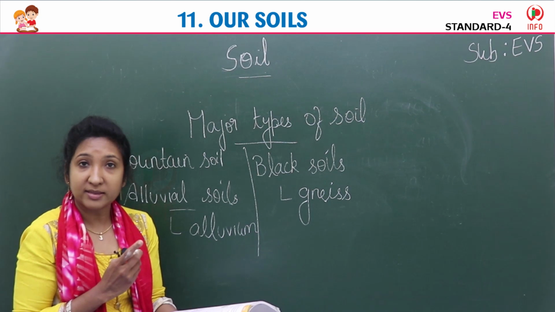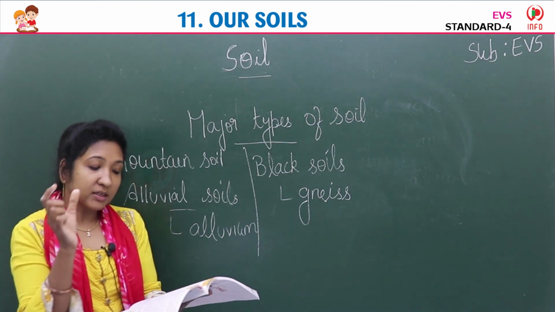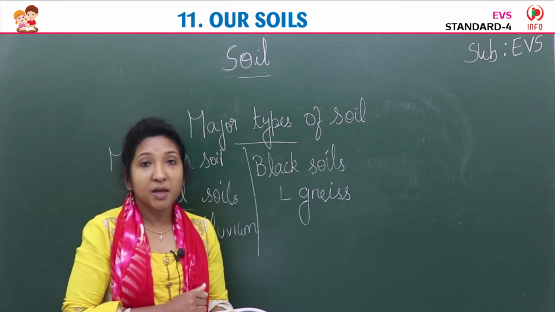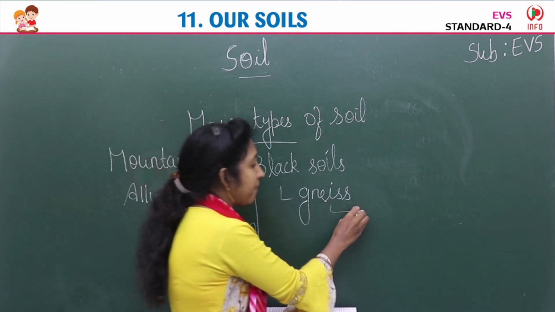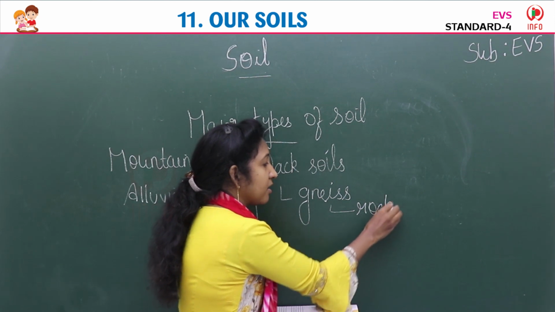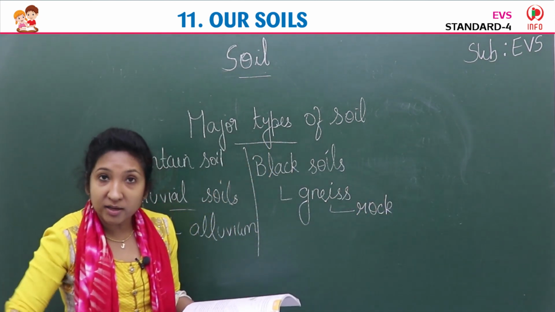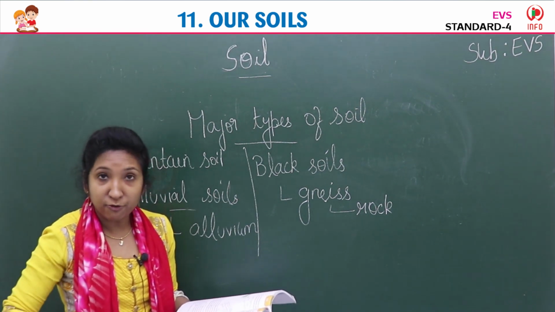Gneiss. It's a type of rock, children, used for building purposes such as flooring.